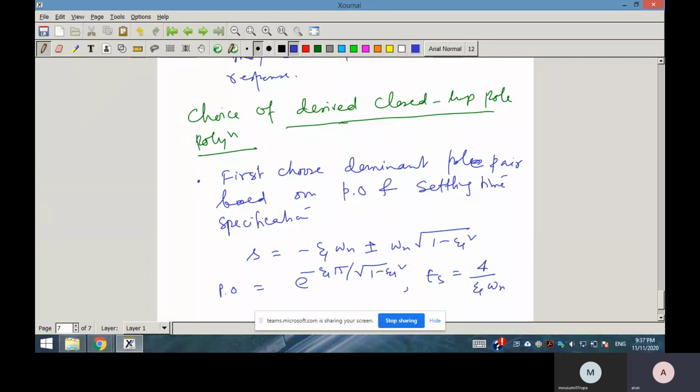So from these two relations you will get zeta and omega n. Once you get zeta and omega n, you plug them in to obtain this dominant pole location.